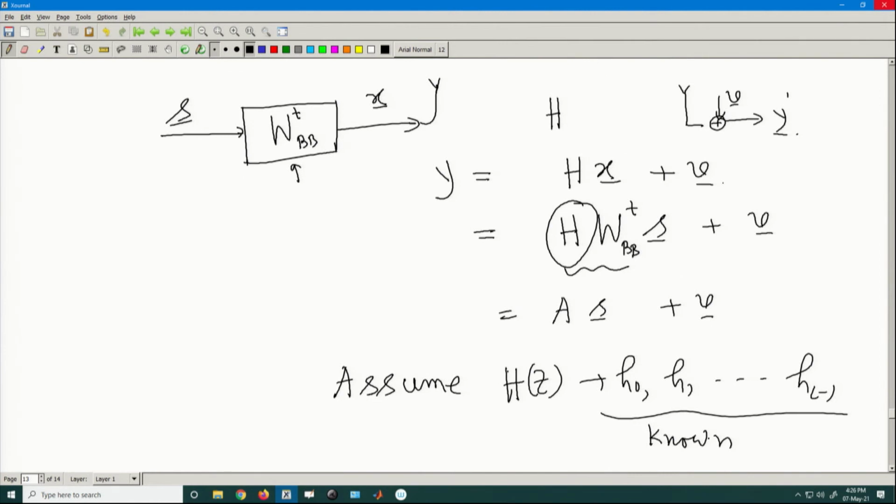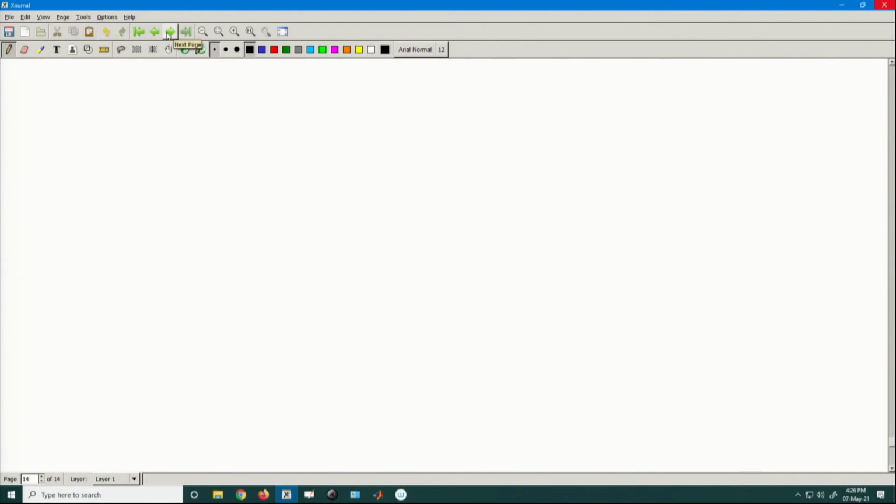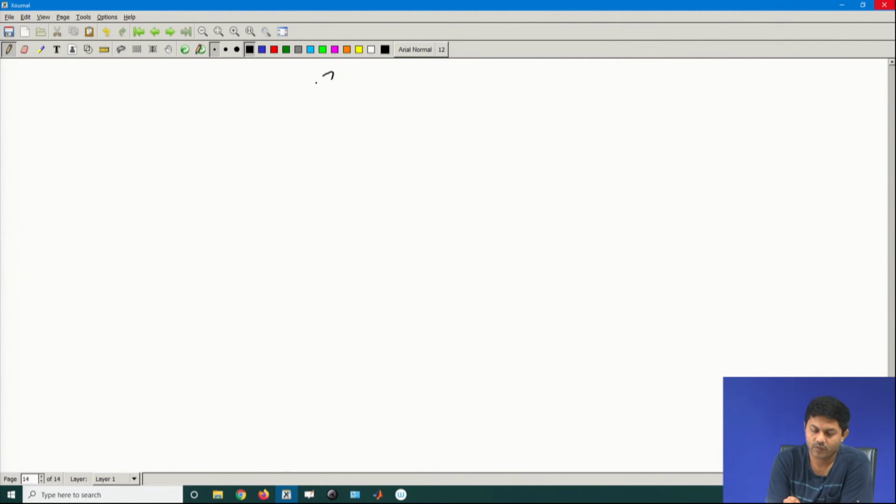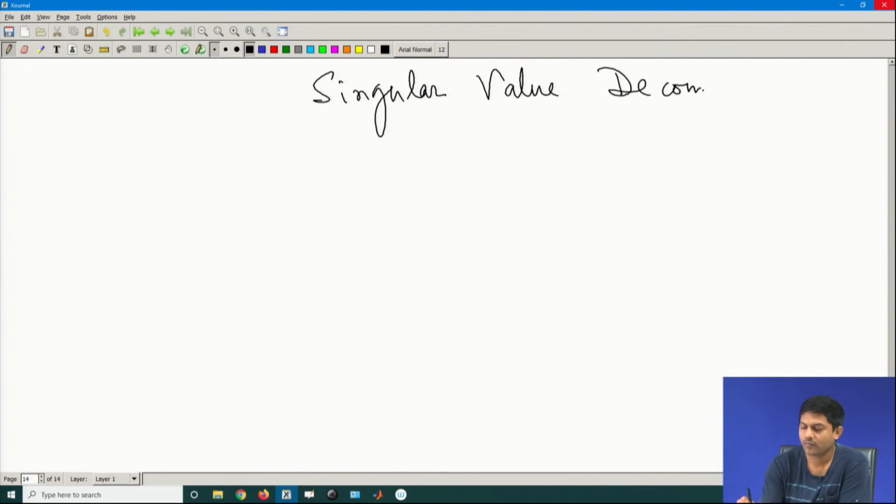Okay. So, what is the advantage? That means the whole H matrix I know. So, let us do an SVD, singular value decomposition. You know what SVD is, right?